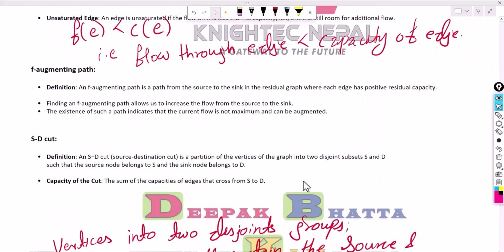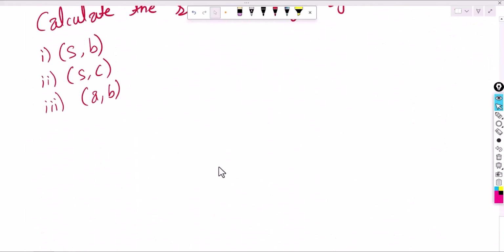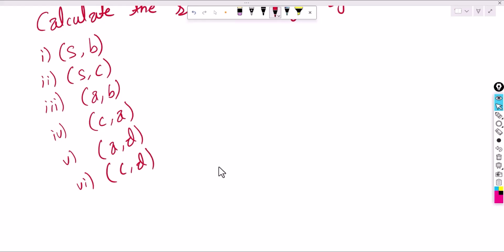First of all you need to write all these edges, then C to A, then we have another A to D and C to D, and we have another B to capital D, and we have D to capital D. Okay, now find the slack.